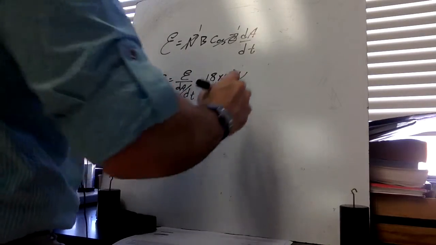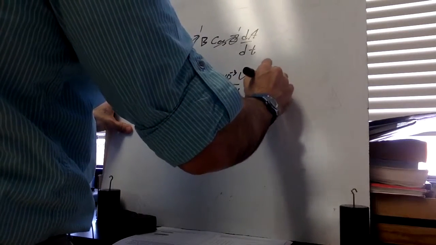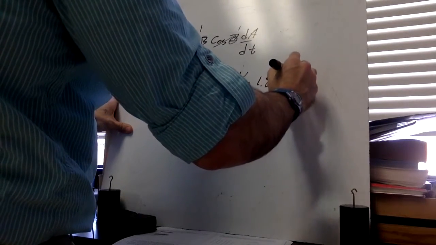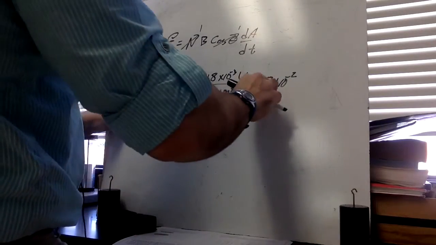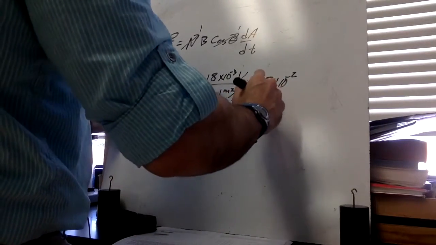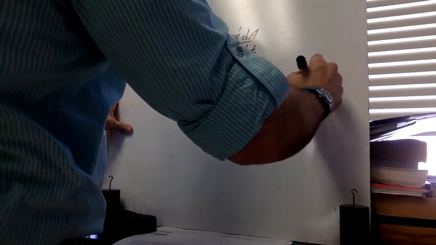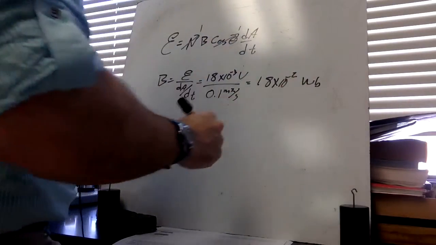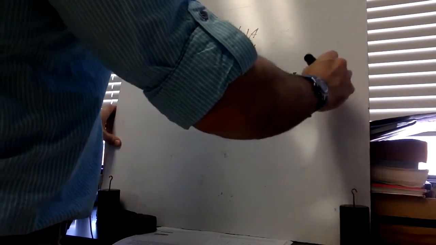And so here I end up with 18 times 10 to the negative 2, so Webers per meter squared. All right, and that's it.